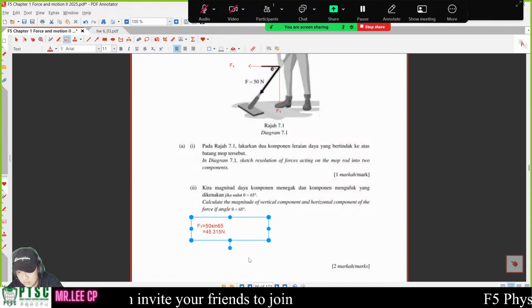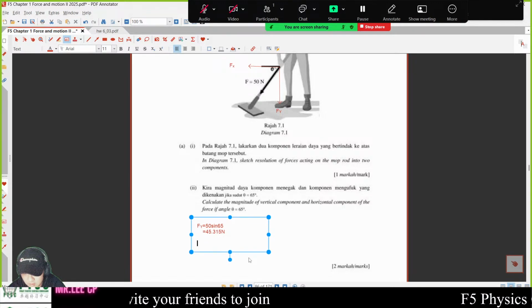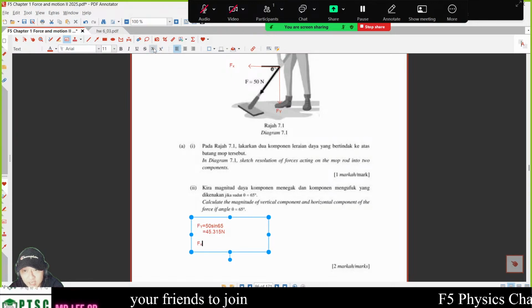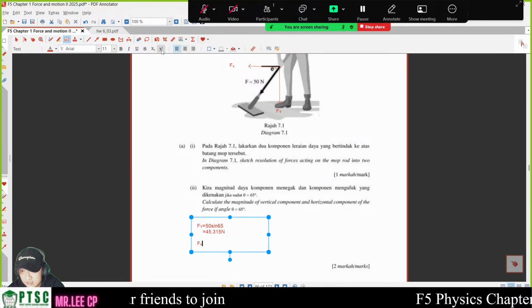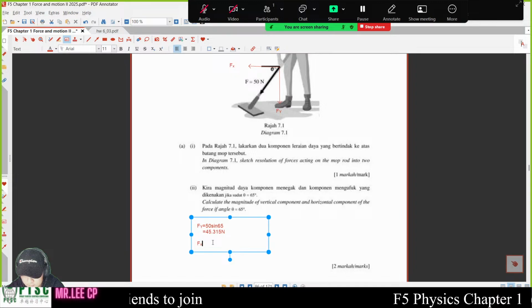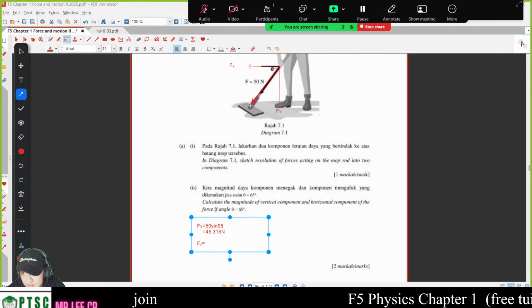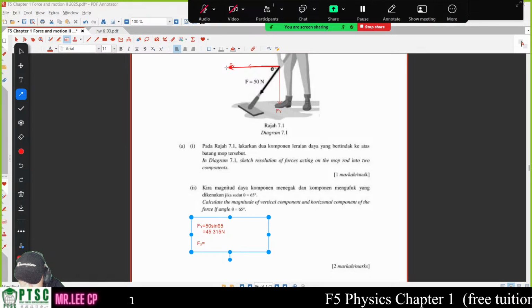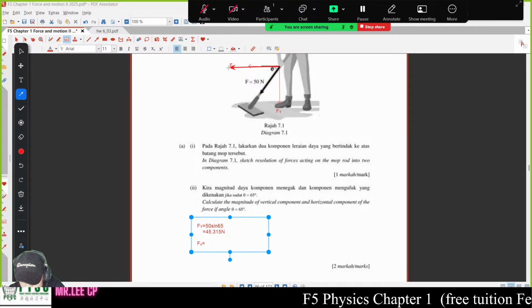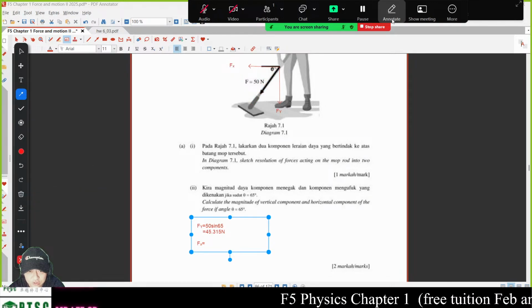Unit Newton. So now I want to find Fx. Fx is now here 50. I touch this 65. Touching 65, I use cos. Right.